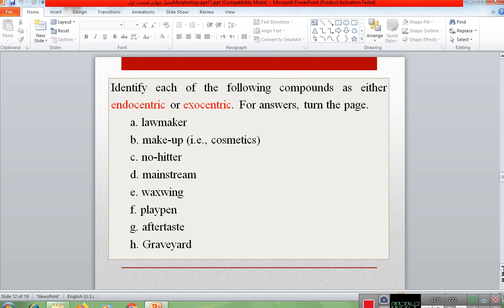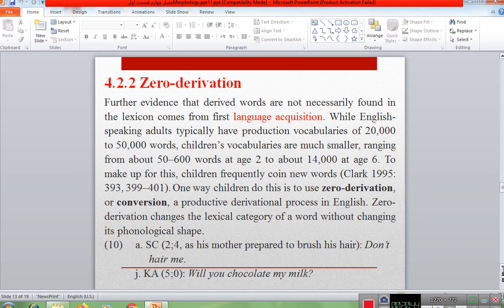The other phenomenon which I want to talk about, beside compositionality, is zero derivation. What is zero derivation? Further evidence that derived words are not necessarily found in the lexicon comes from first language acquisition.